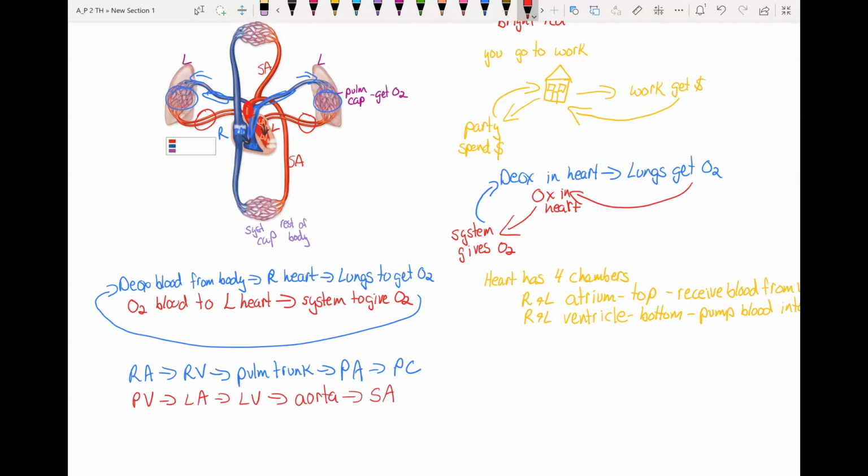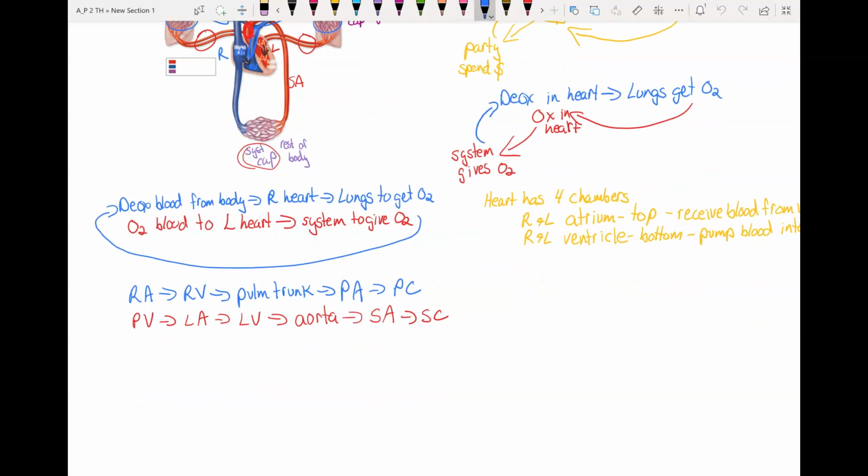That's what goes out to all the different systemic capillaries all over your body. So all over in your body, you have all these capillary beds. So you just keep branching and branching to get to all the parts of your body. So you're going to go to your systemic capillaries. That's where you're going to give oxygen to your cells. Then we have deoxygenated blood is going to go to your systemic veins.